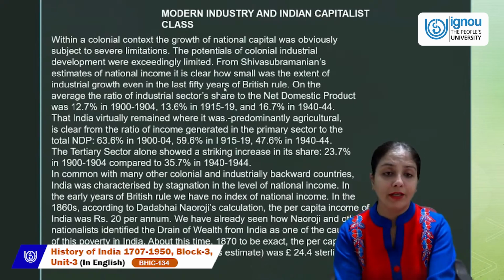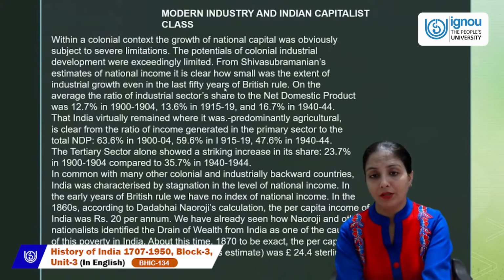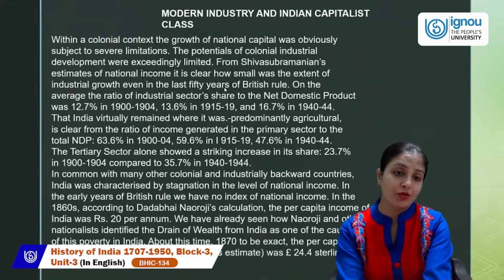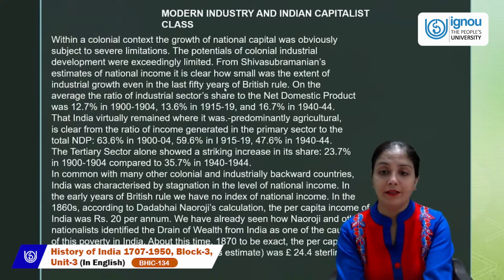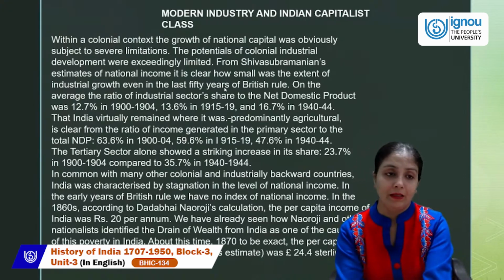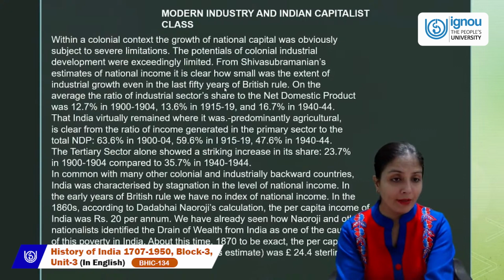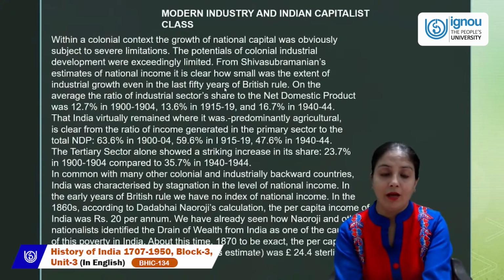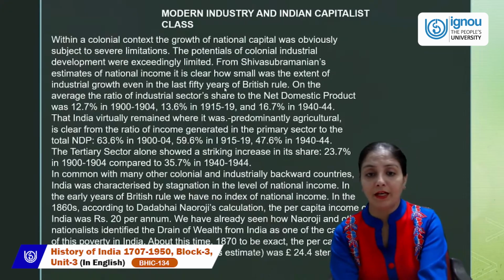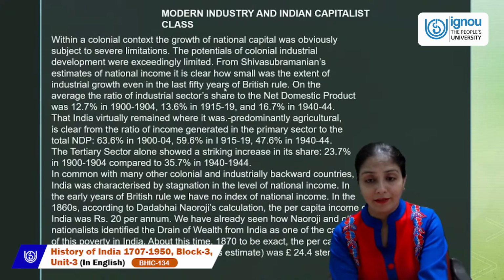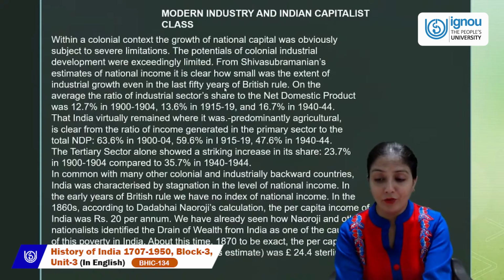That India virtually remained predominantly agricultural is clear from the ratio of income generated in the primary sector to the total NDP: 63.6% in 1900 to 1904, 59.6% in 1915 to 1919, and 47.6% in 1940 to 1944.